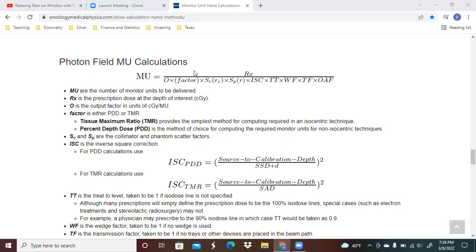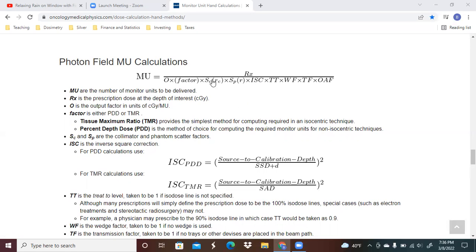Now, the next factor here, S sub C, is going to be the collimator scatter factor. And we'll get to that in just a minute. This right here, S sub P, is going to be the phantom scatter factor. Now, these factors can definitely be significantly less than 1. And when a factor is less than 1, that means that the number of monitor units is going to increase.